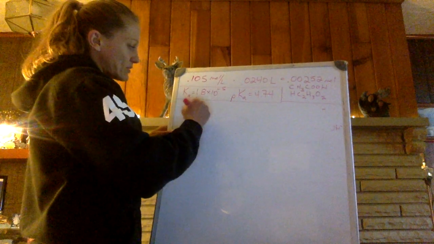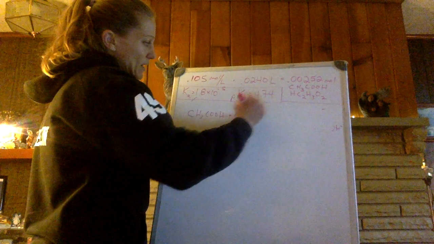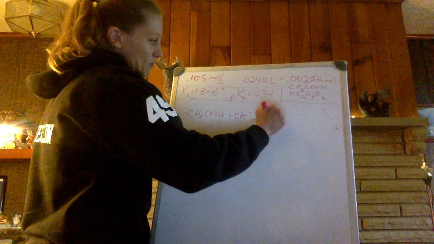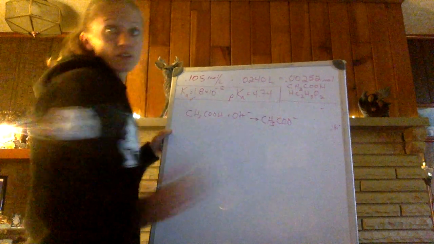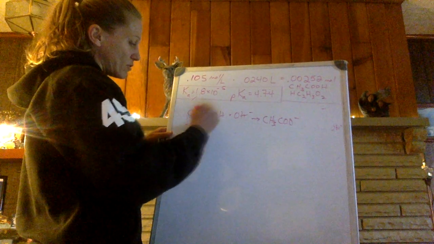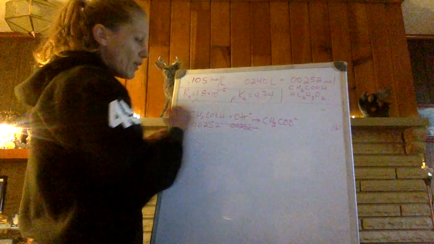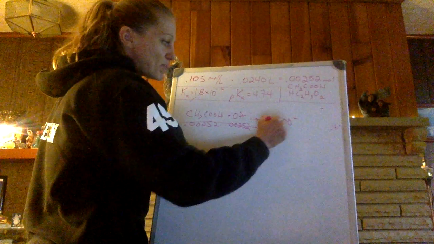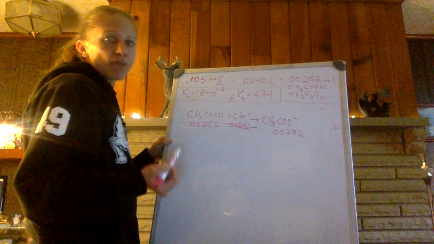We start off with CH3COOH plus OH minus, good, and it's going to make CH3COO minus, all good. So if this was 0.00252 and this is 0.00252, those canceled, but I still made 0.00252 moles of my base.